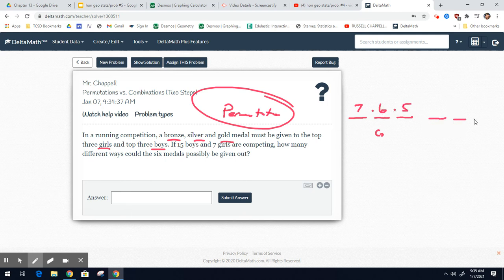Now let's do the boys. Notice I'm doing it right next to it. For the boys, there's 15 competing for the first spot, then 14, then 13. Because we want this to happen at the same time, we're just going to multiply all that together: 7 times 6 times 5 times 15 times 14 times 13. So when you have to do a 2-step, it just means you multiply your 2 individual permutations together.